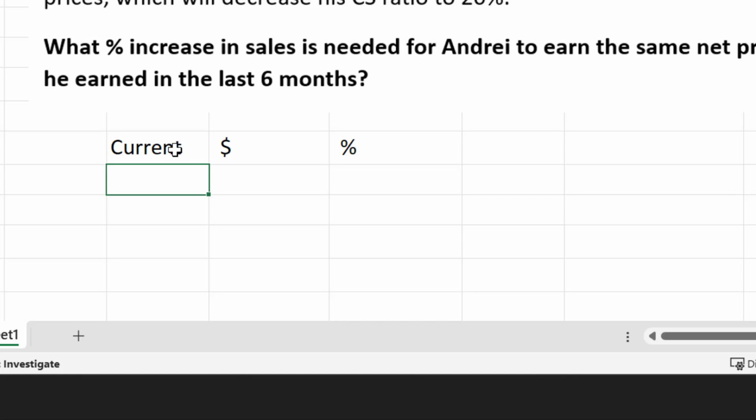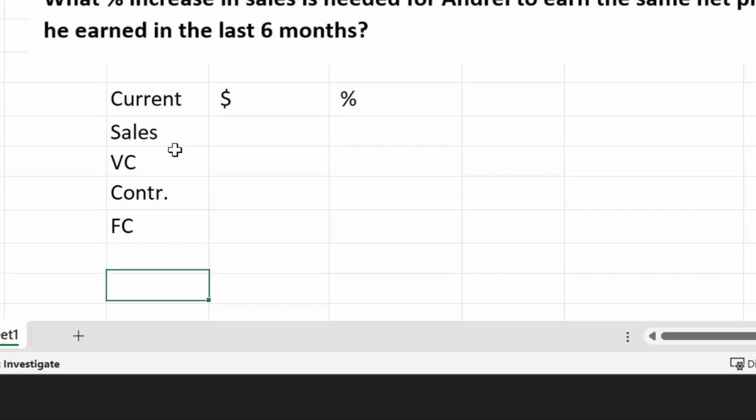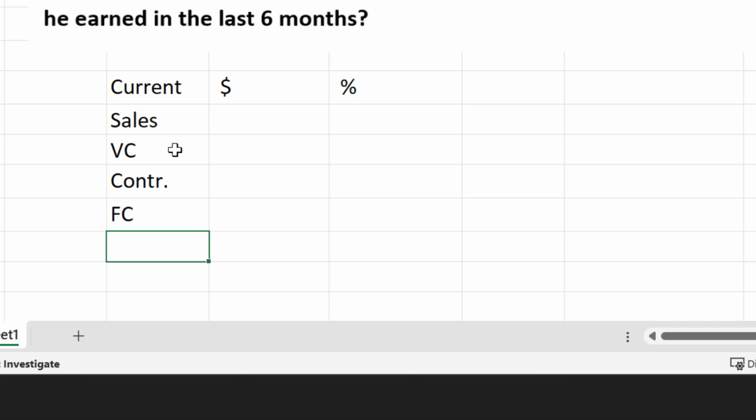The link is down in the description. You remember we make a P&L, a profit and loss statement, by finding our total sales, our total variable costs. One from the other gives us our total contribution, from which we subtract our fixed costs, and we will have our profit.